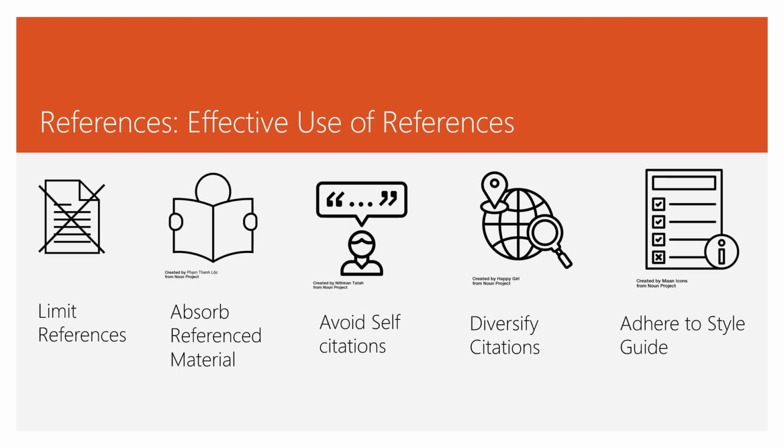Avoid self citations, meaning you should avoid citation of your own research papers, and you should diversify the citations. Sometimes some authors only cite papers from their parent institution or only regional papers. Such types of references are not allowed in a research article.